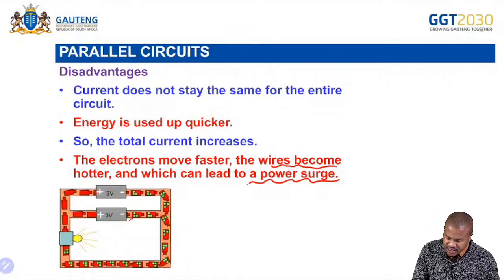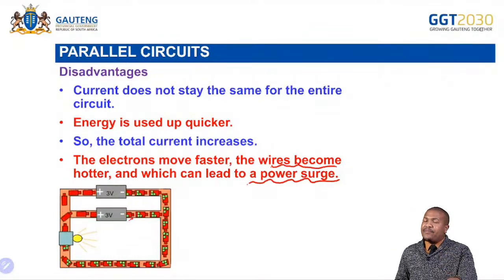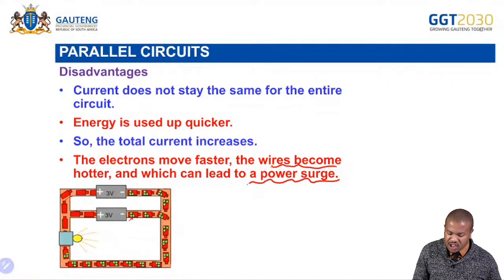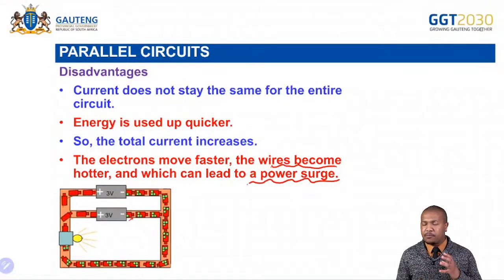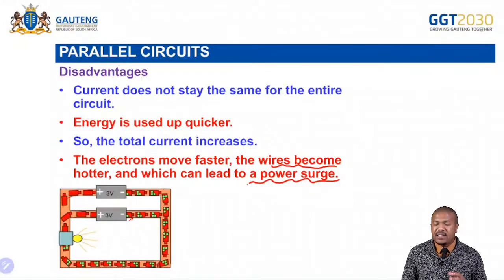So looking at this here, as current does not stay the same for the entire circuit, energy is used up quicker and the total current increases in the parallel circuit. So when one component is broken here, and remember, the electrons are moving at high speeds, the conductors heat up.